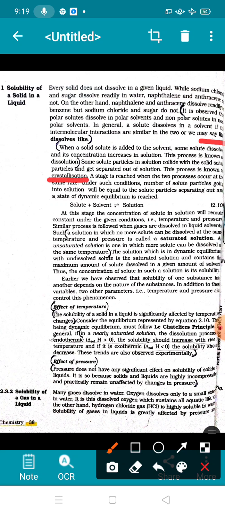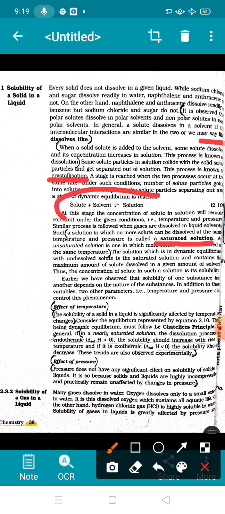Now when we keep on adding solute to a particular volume of solvent, a situation will come where we find that the solute is no more dissolving in the solution. They attain a state of equilibrium, and such a solution is called a saturated solution.